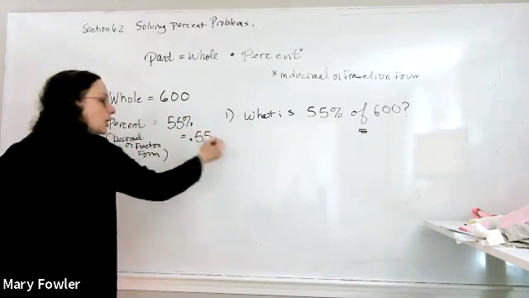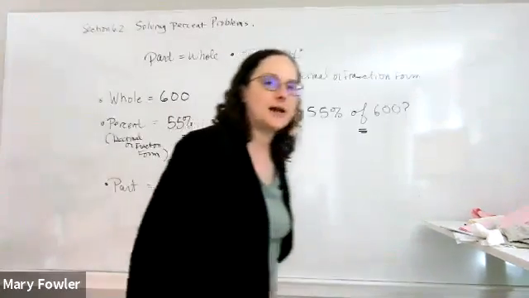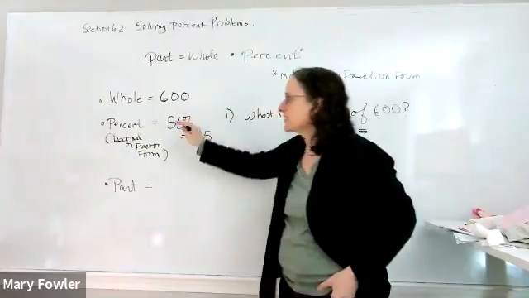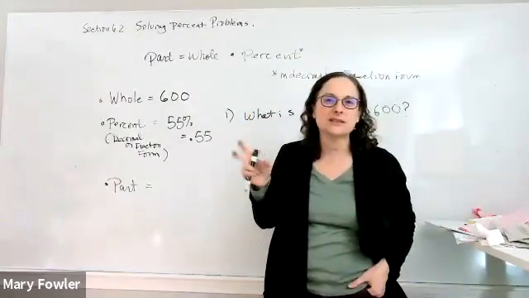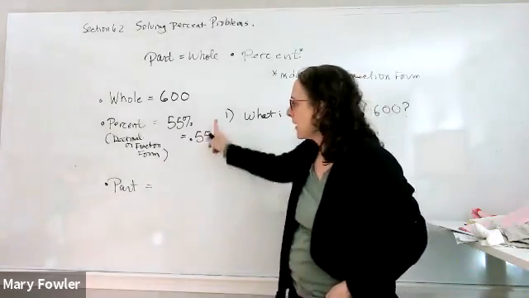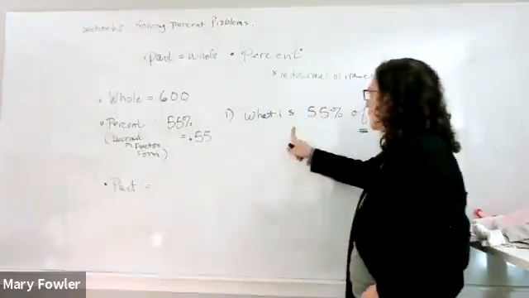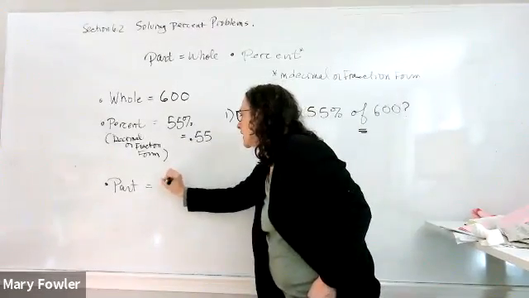Most of the time, we're just going to transition that to a decimal, 0.55, moving the decimal place. Sometimes if the problem statement has a fraction piece in it, you might have to go through the fraction. Well, we'll do some examples. And so then the part is actually the thing that we're looking for. So the part is unknown.